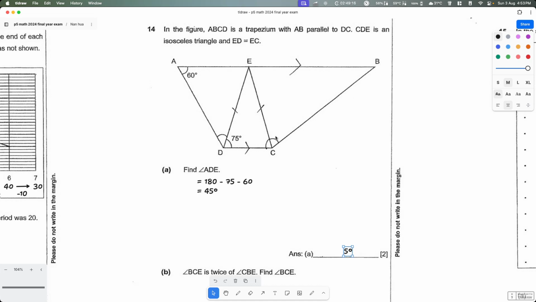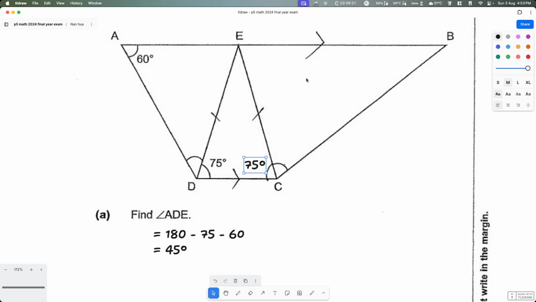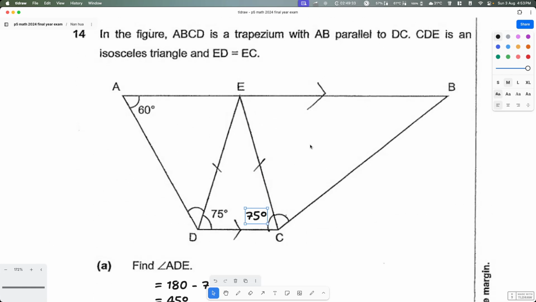So in that case, what we can do is we know this other side is 75 degrees. So we know this is also 75 degrees. So BCE is 2 times of CBE, right? So this means this is 2 units. And then CBE is 1 unit. 1 unit for this one.